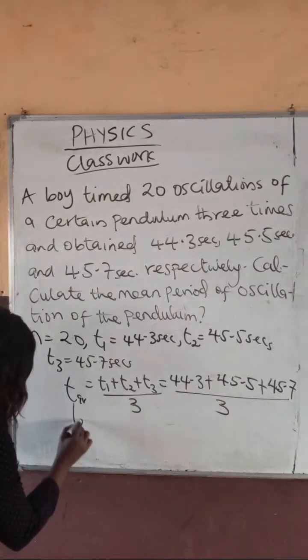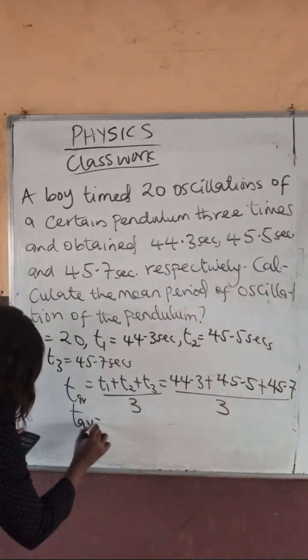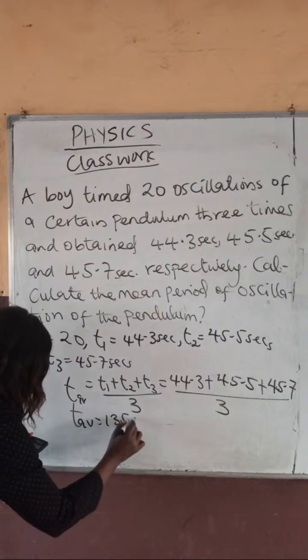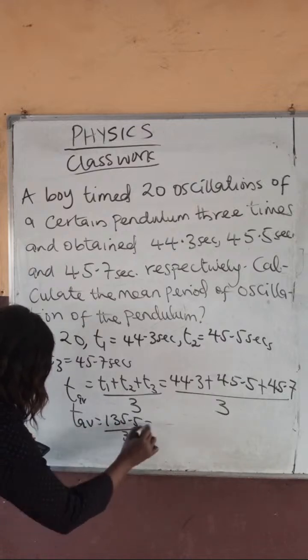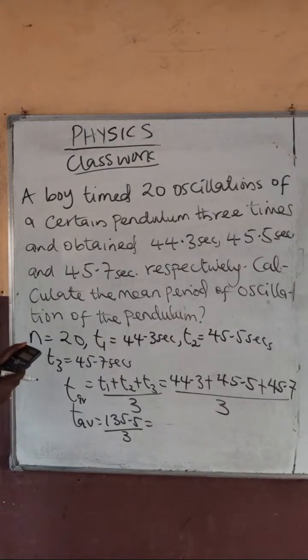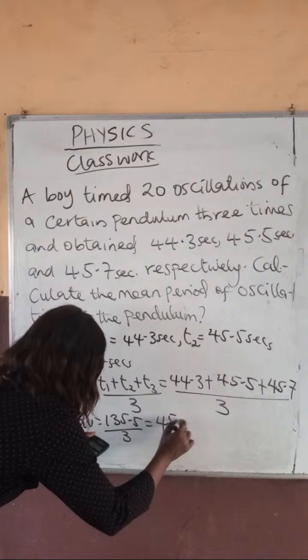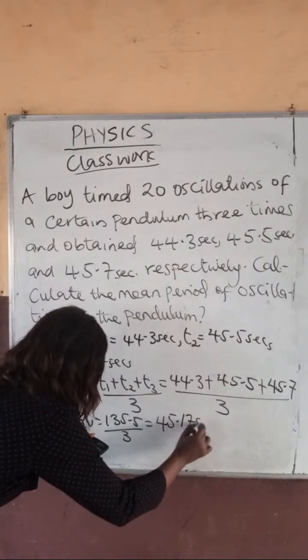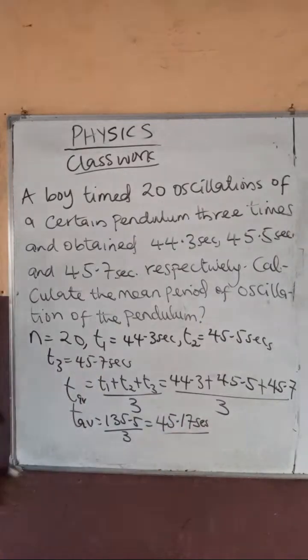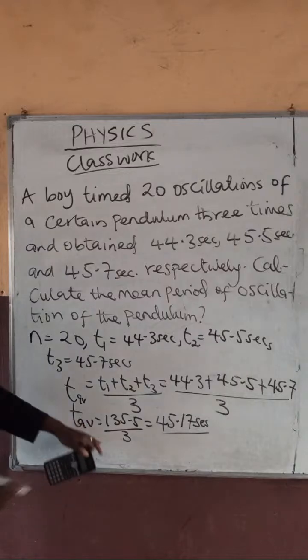So we have T average to be 135.5. I'll now divide it by 3. I will get 45.17 seconds. Okay? That is my total T.